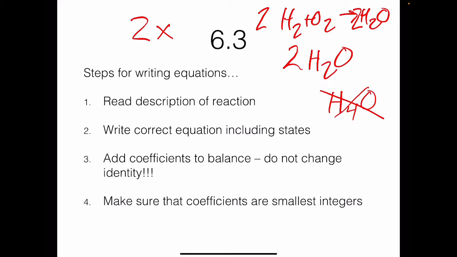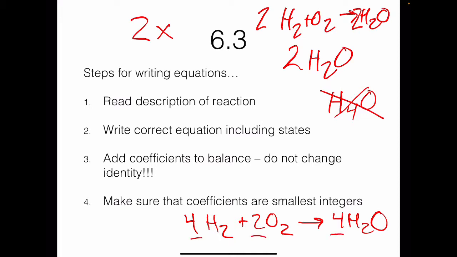So sometimes what I see is something that looks like this. So these are not the smallest integer coefficients. These coefficients, the 4, the 2, and the 4, can be further reduced. So all you have to do is to make sure that those appear in the same ratio in lowest forms.